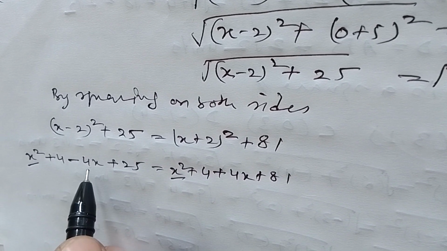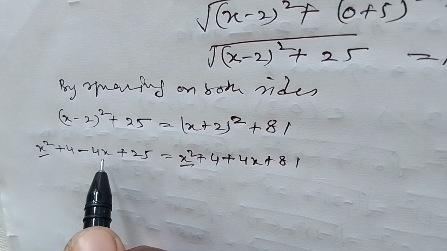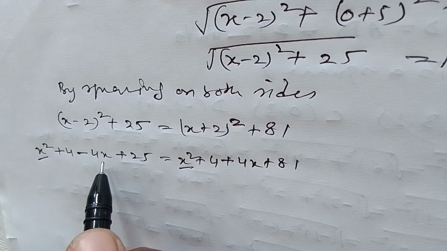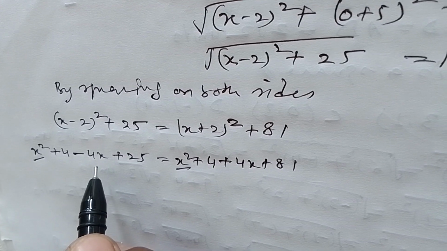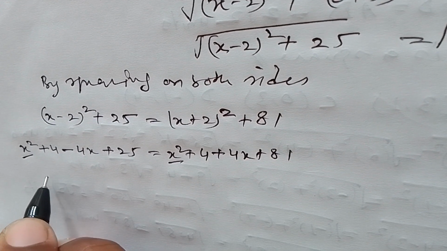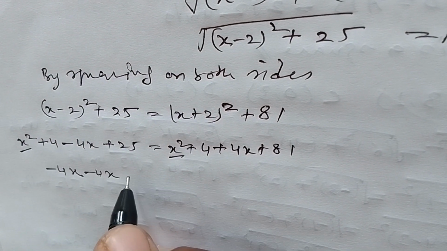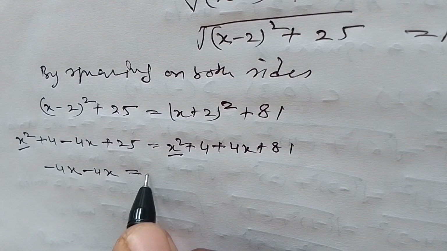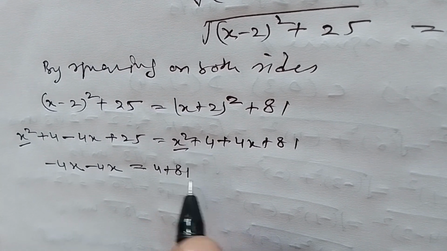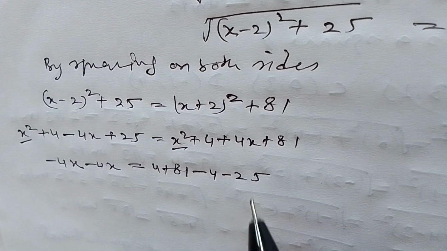We will carry the x terms to one side and constant terms to the other side. So −4x comes to one side, and 4 + 81 − 4 − 25 comes to the other side.